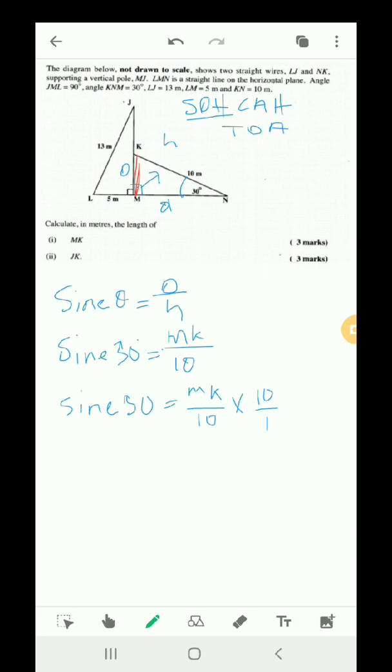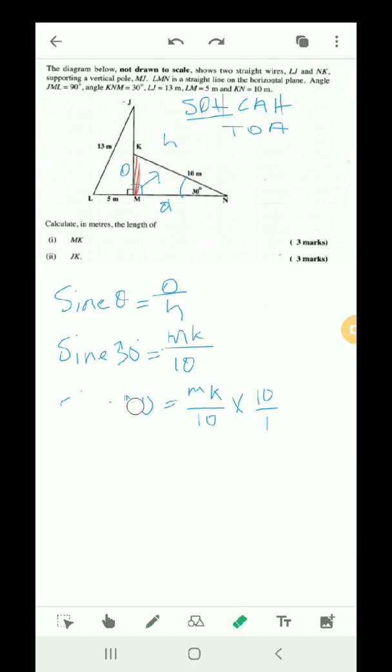And what we do to one side, because we're multiplying this side by 10, we'll have to do the same to the other side. So we'll multiply sine 30 by 10 as well. Having some problems with my pen here, apologize for that. So we have 10 times sine 30.